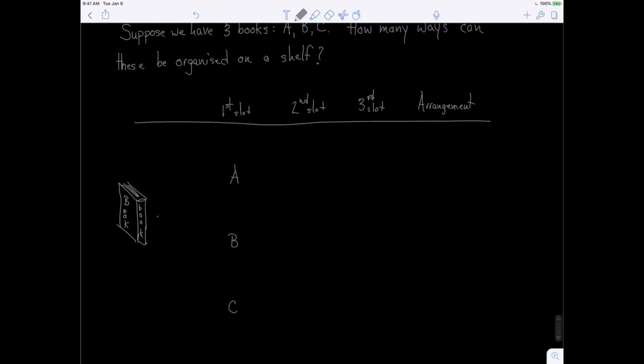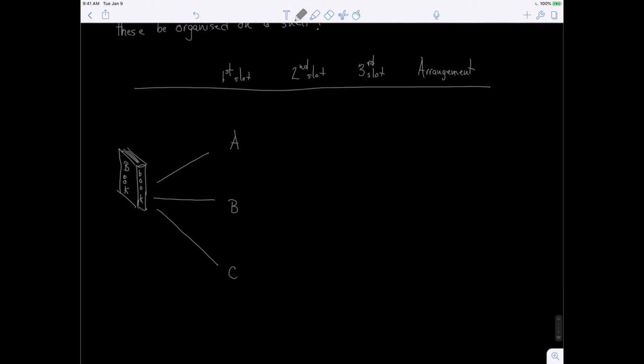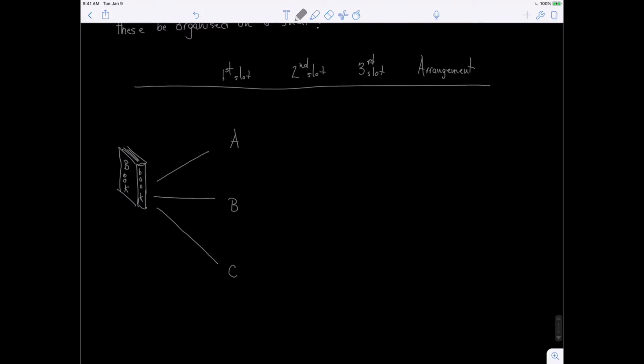So when I come to the first slot, I have those 3 different options for which book would go there. Now, let's just suppose that we began with A. We put A in. Now, when we go to the second slot, we only have 2 books left to choose from. We could either put B or we could put C.